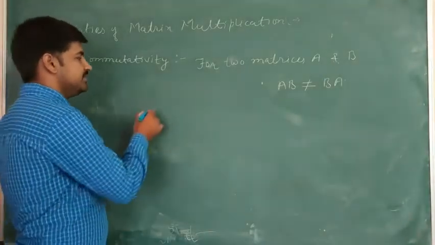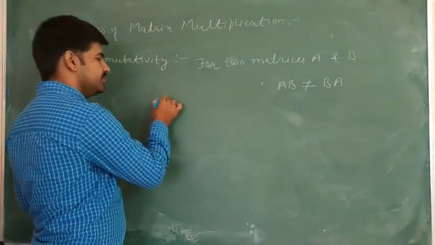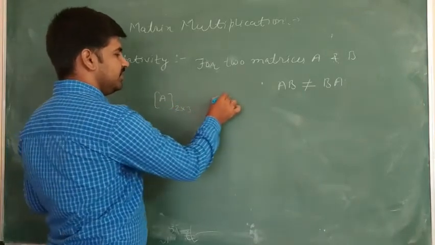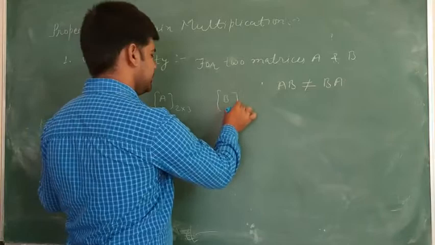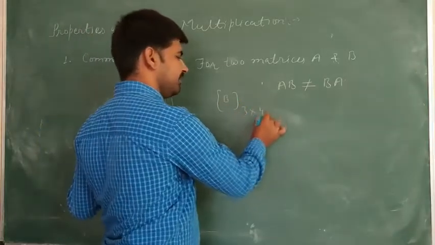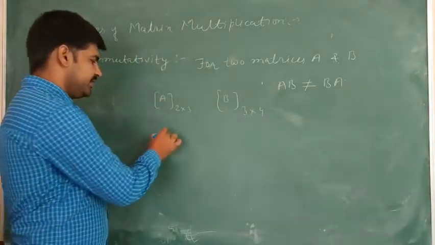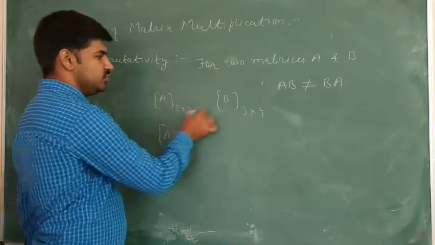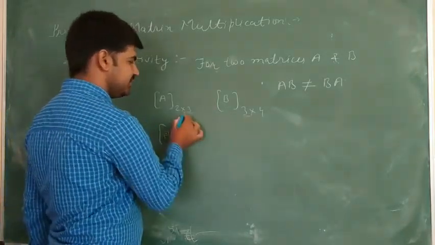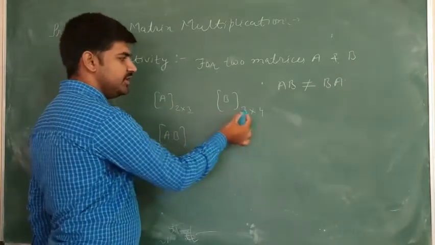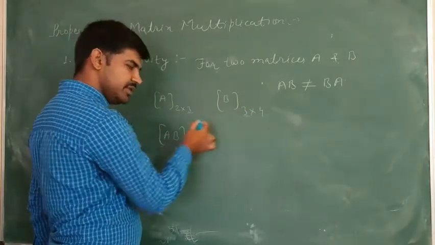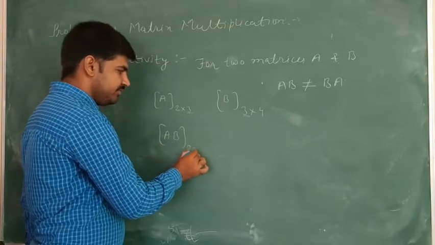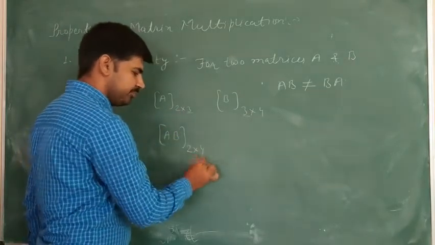I can take an example, students. Suppose there is a matrix A of order 2 by 3 and another matrix B of order 3 by 4. Then AB exists and the order of AB is 2 by 4, since the number of columns in A is 3 and the number of rows in B is 3.